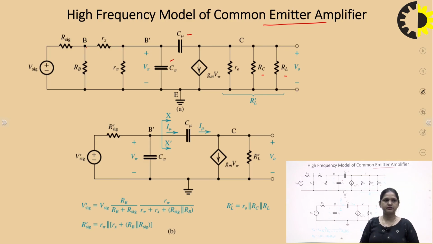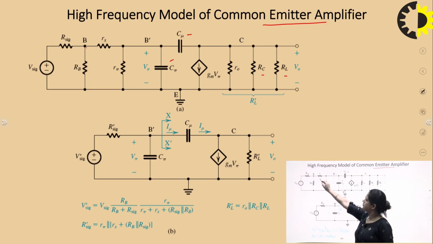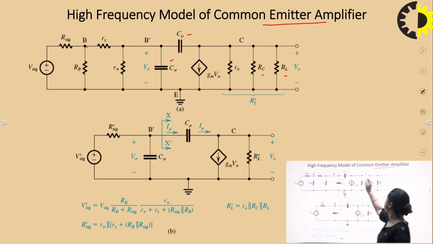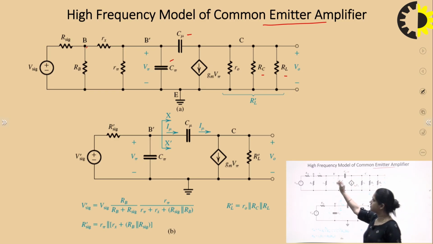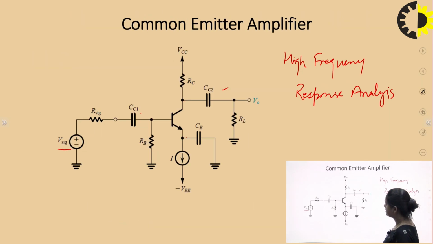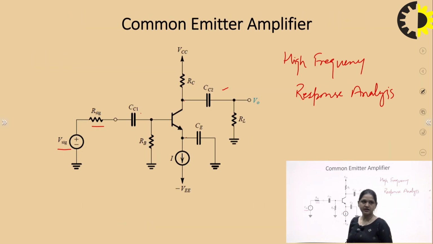This is connected in the common emitter configuration. So this is the complete diagram of common emitter amplifier, because from point B to C, this is the pi model of BJT. But for common emitter amplifier, you can see from this slide, at the base terminal R signal is connected and the input is connected at V signal.